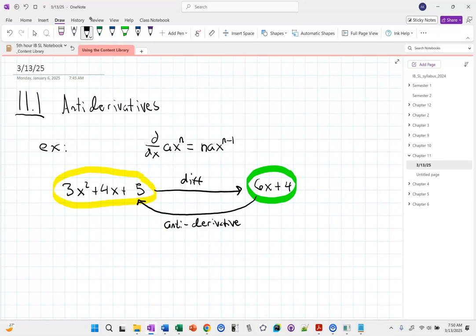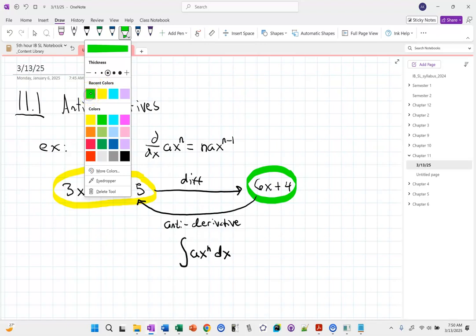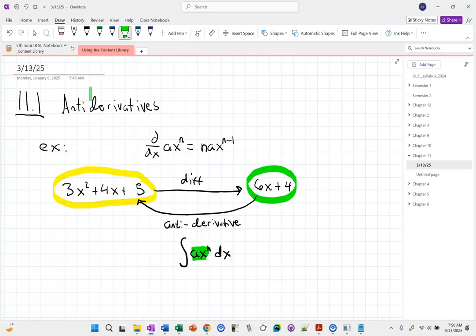What we want down here is we're going to create a symbol to represent this derivative process. So the symbol we use is going to be that, where like this function is the function we're finding the antiderivative of.